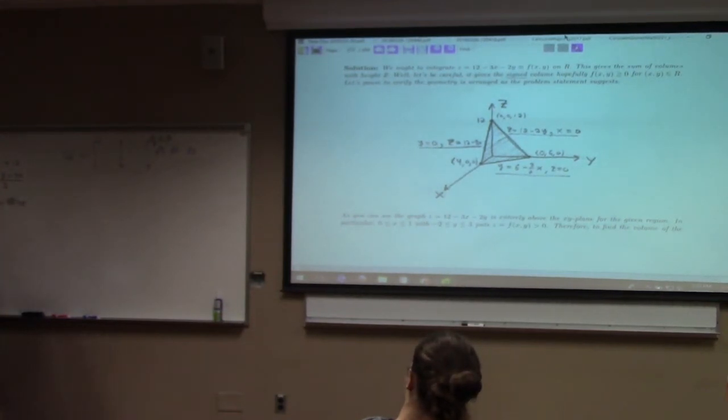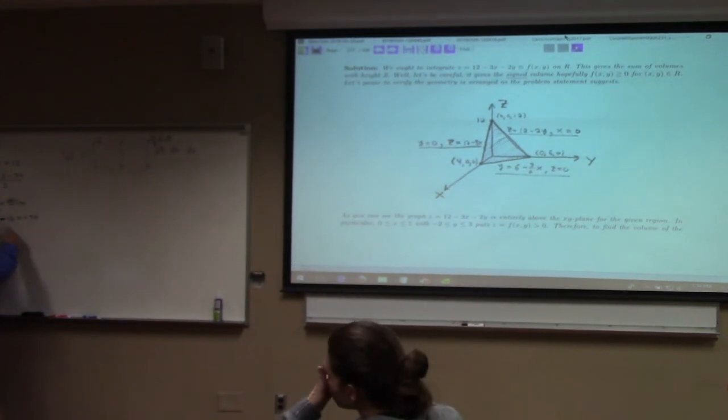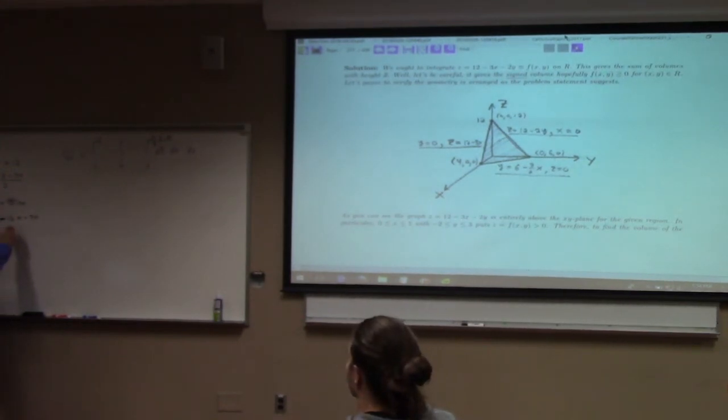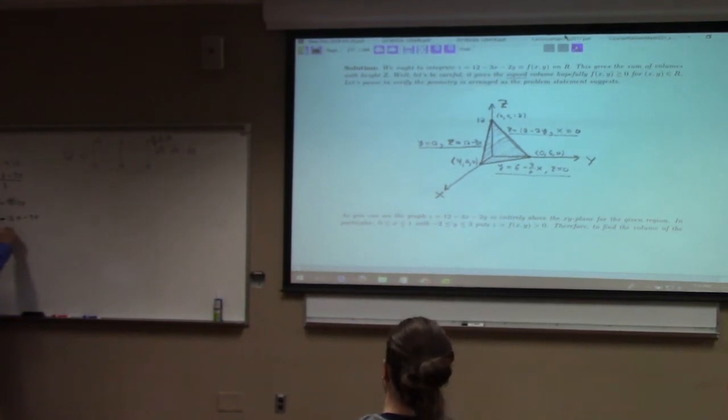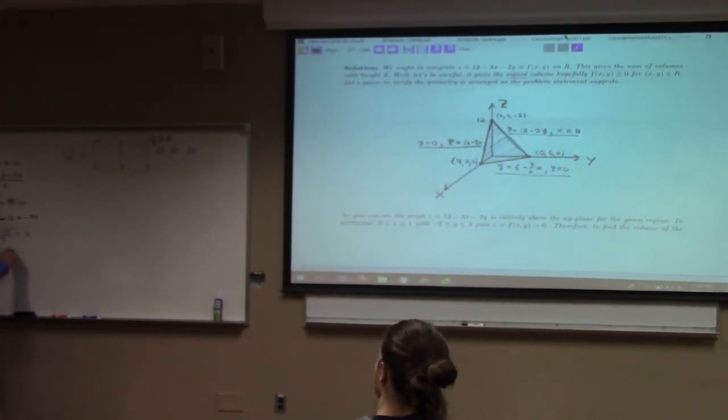But I need to actually bound x, right? So x is what? Z minus 12 equals minus 3x. I'm trying to solve for x. Z minus 12 divided by minus 3 equals x. In other words, 0 less than or equal to x less than or equal to 4 minus z over 3.